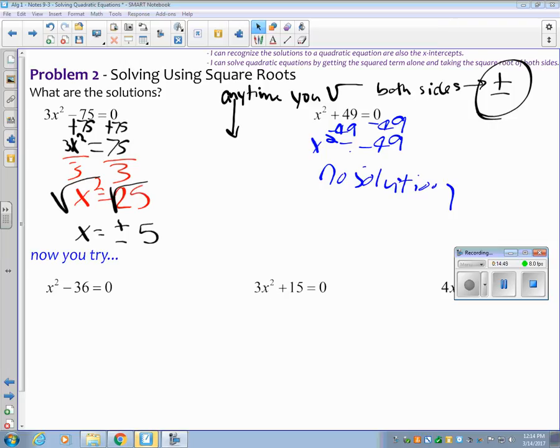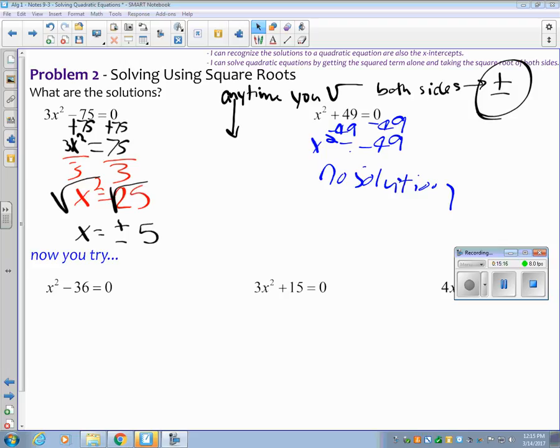Why is there no solution to x squared equals negative 49, Connor? Okay, so Rudy, what did Connor just tell us? Why is there no solution to x squared equals negative 49? Two positives can't make a negative.